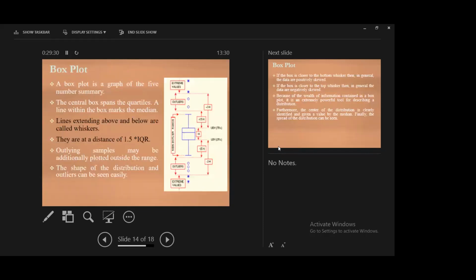Now, the most interesting part of data representation using quantitative data is the box and whiskers plot. Now, what are whiskers? The moment I ask what is whiskers, generally the first answer I get is cat.